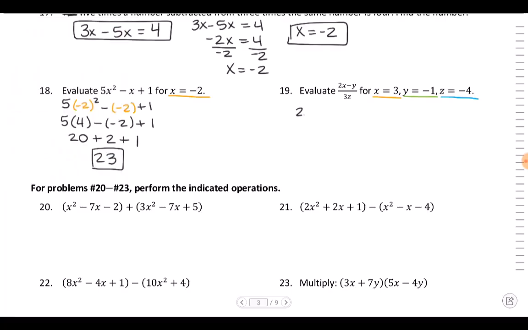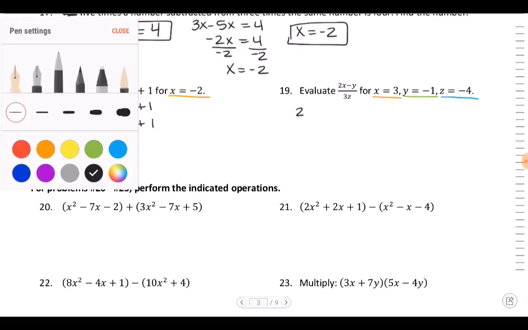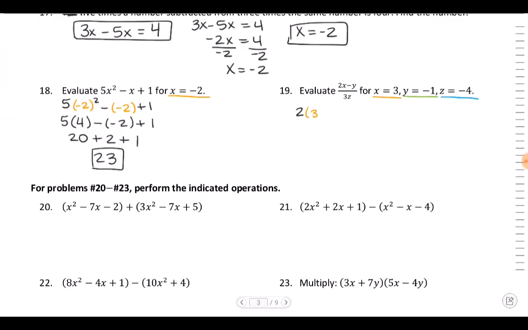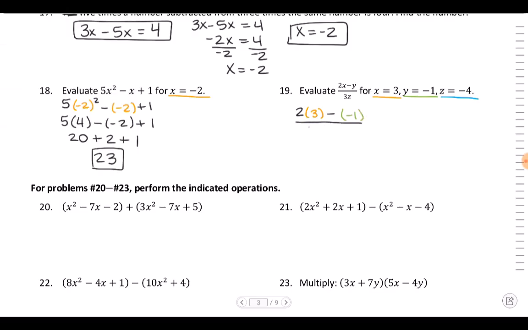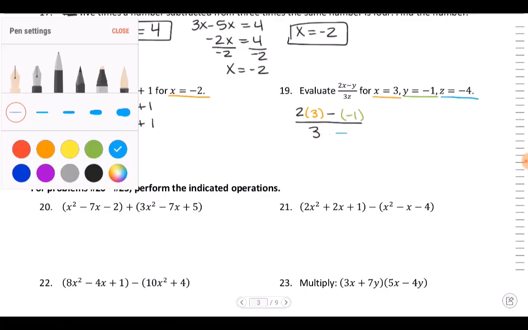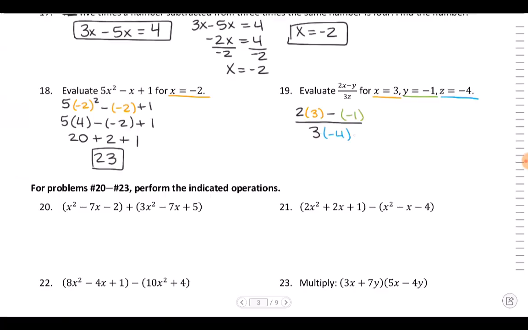So now on my numerator, I have 2 times my x, which is 3. And then we have minus the y, which is negative 1. And then all over 3 times my z, which is negative 4. Okay. So I replaced my variables appropriately. And now we just simplify.